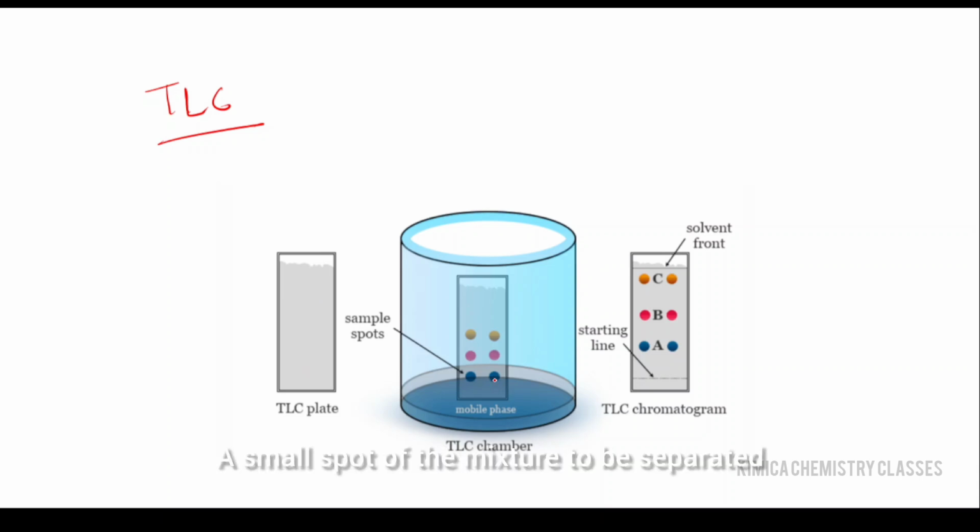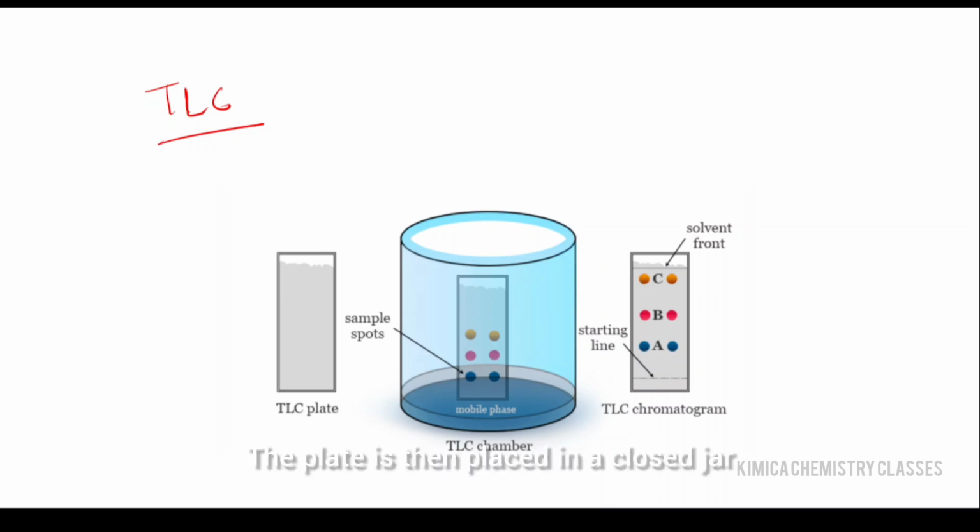A small spot of the mixture to be separated is applied near one end of the TLC plate. The plate is then placed in this closed TLC chamber containing a small amount of mobile phase, ensuring the solvent level is below the applied spot. When we apply the spots here, the starting line for the solvent is here, not up at the spots.